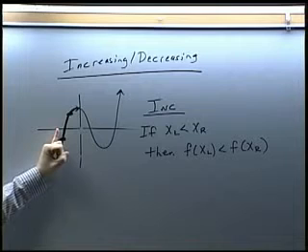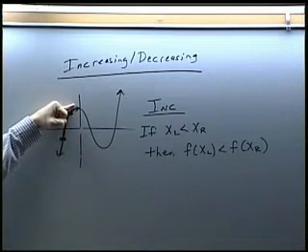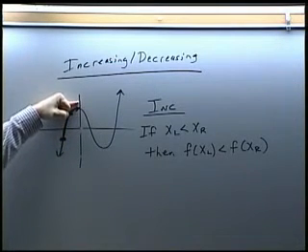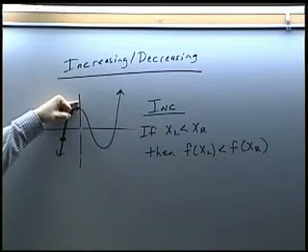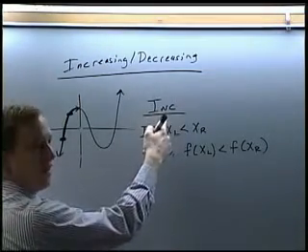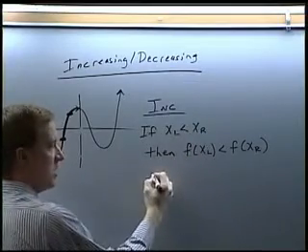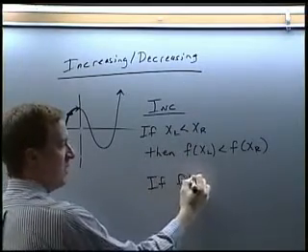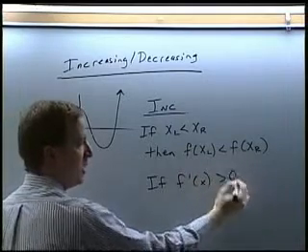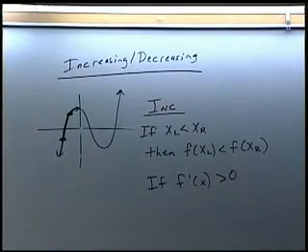Well, here maybe the slope is 5, here it's 4, here it's 3, but they're all what type of values? Positive values, good. So another way to define this is the confusing way. The easier way with calculus to define increasing is if the first derivative is bigger than 0.